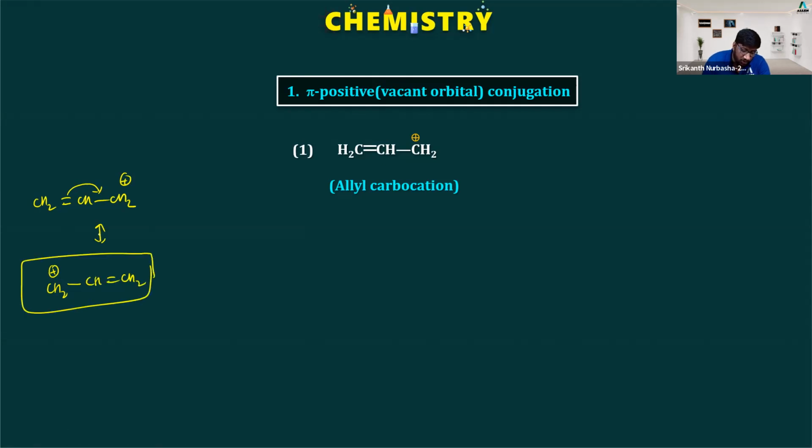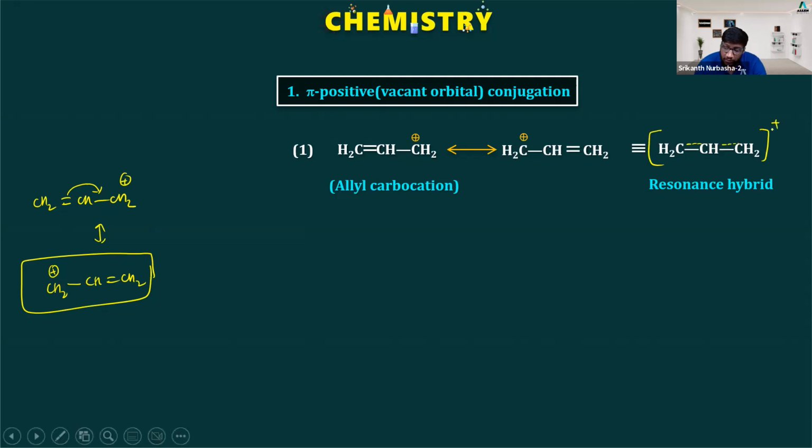CH2 plus CH double bond CH2 and CH2 double bond CH2 plus are resonating structures, and you can write the respective resonance hybrid where the pi electron density is moving throughout all these carbon atoms with one of the carbons bearing a positive charge. So that will be the resonance hybrid. Allyl carbocation is actually stabilized by the resonance hybrid, and the hybrid looks like this.